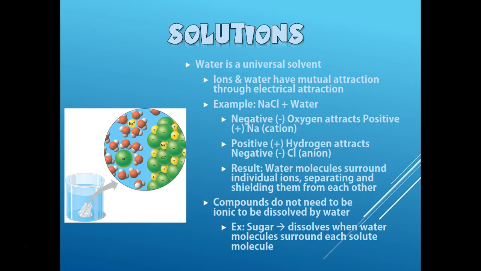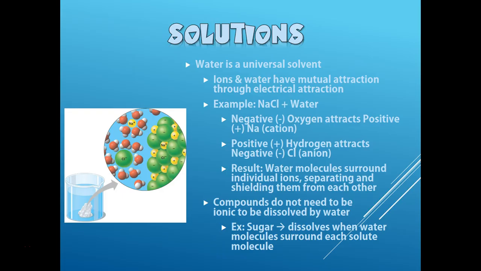Now, water can dissolve anything that's ionic because of those ions having those charges. But compounds don't have to be ionic to also get dissolved by water if they themselves have partial charges to them. Something like sugar, for example, we also know gets dissolved. Why? Because it's polar.